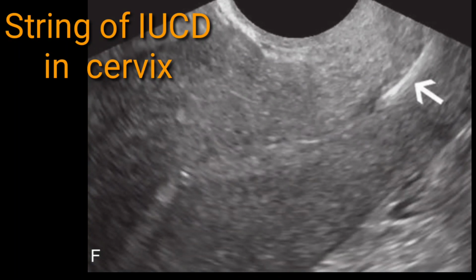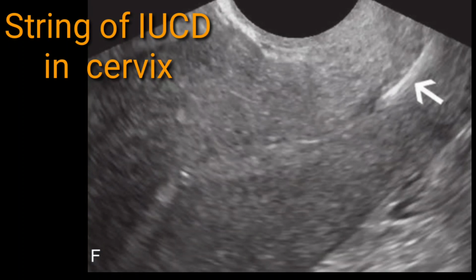It means that part of the IUCD has been expelled out. During the pervaginal examination, gynecologists can easily feel and palpate the IUCD because part of the IUCD would be out of the endometrial or cervical canal and can be easily picked up during pervaginal examination.